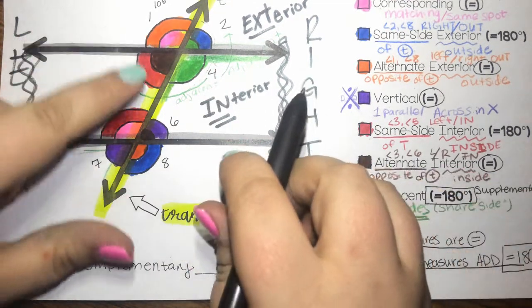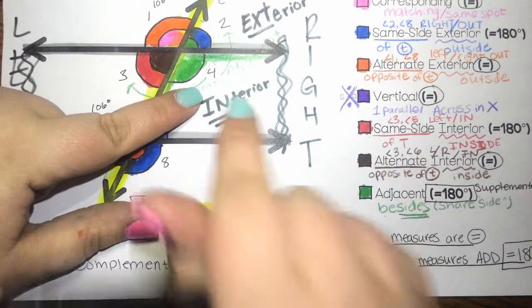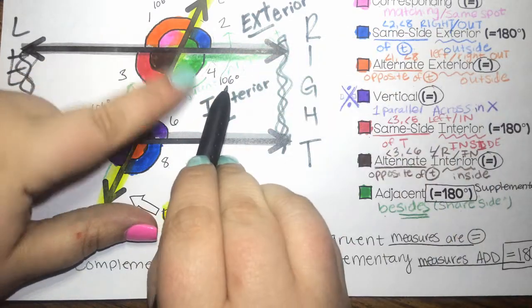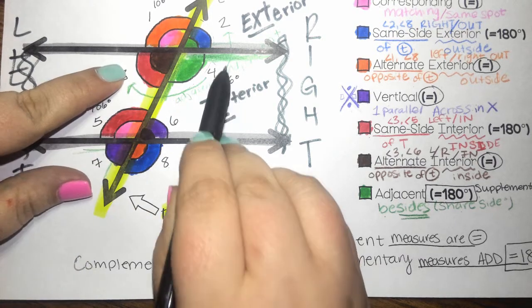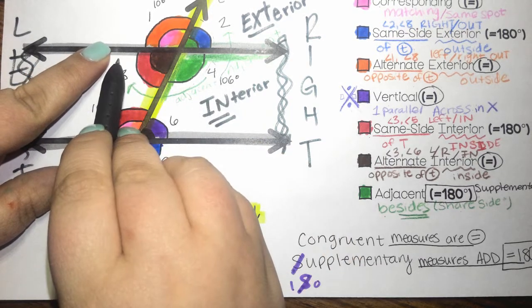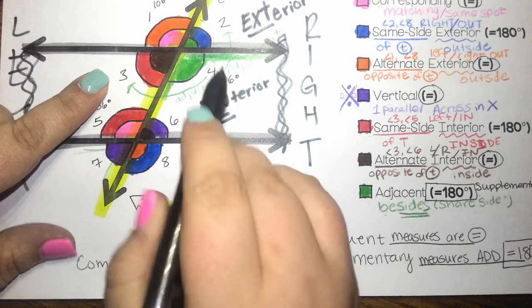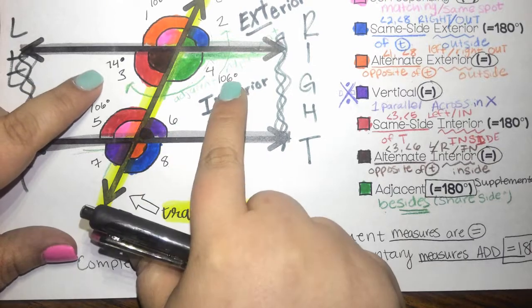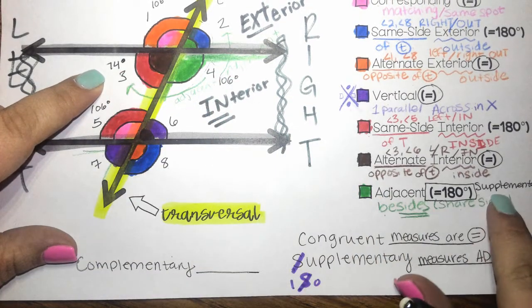So if I had the angle 4, since it's vertical with angle 1, I know it's also 106 degrees. Then angle 4, 106 degrees, is going to make 180 degrees with angle 3. So the number that makes 180 with 106 is 74. So 106 and 74, if you add them together, you'd get 180 because those angles are supplementary.